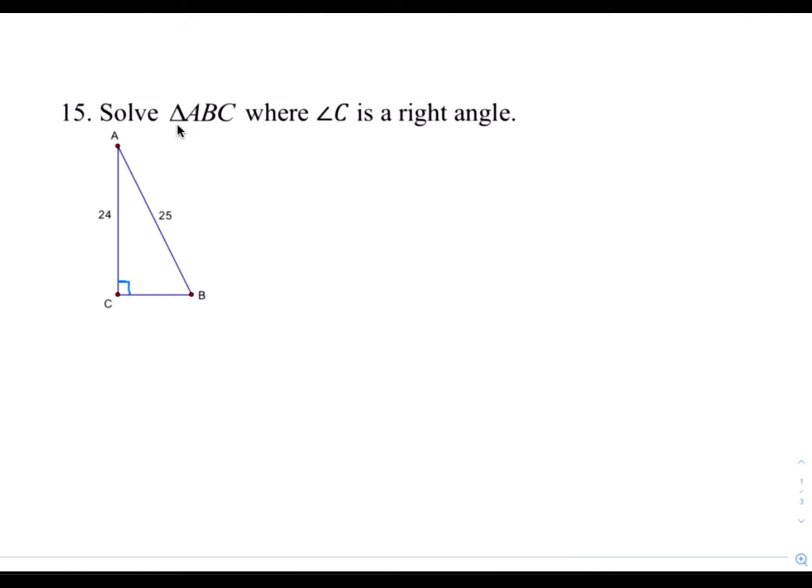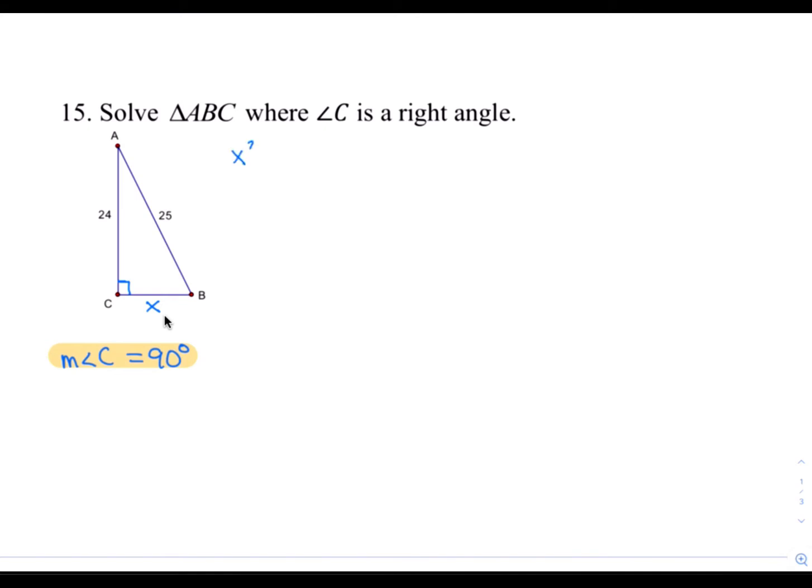All right, so it says solve the triangle ABC where angle C is a right angle. So that means that angle C being a right angle, we know that angle C is 90 degrees. So we say the measure of angle C is 90 degrees. I'm going to call this missing side here between C and B, I'm going to call that x, and we can use the Pythagorean theorem to find x.